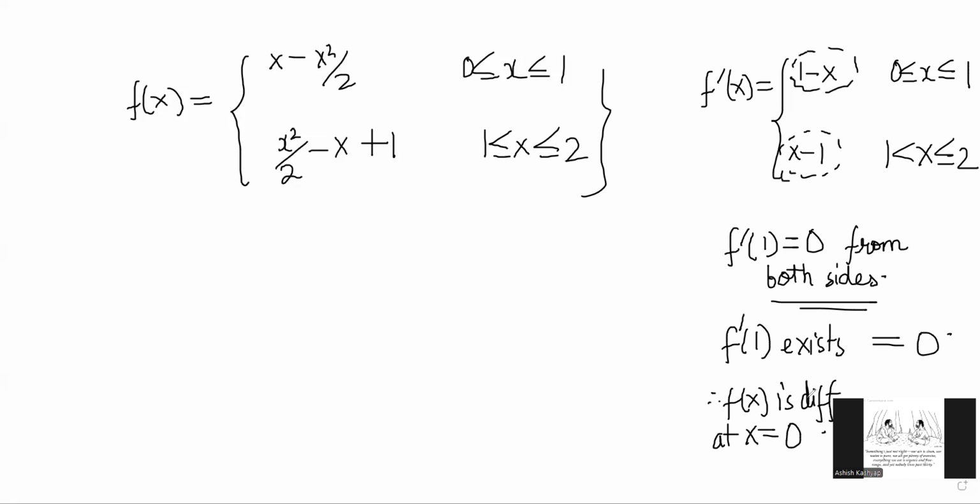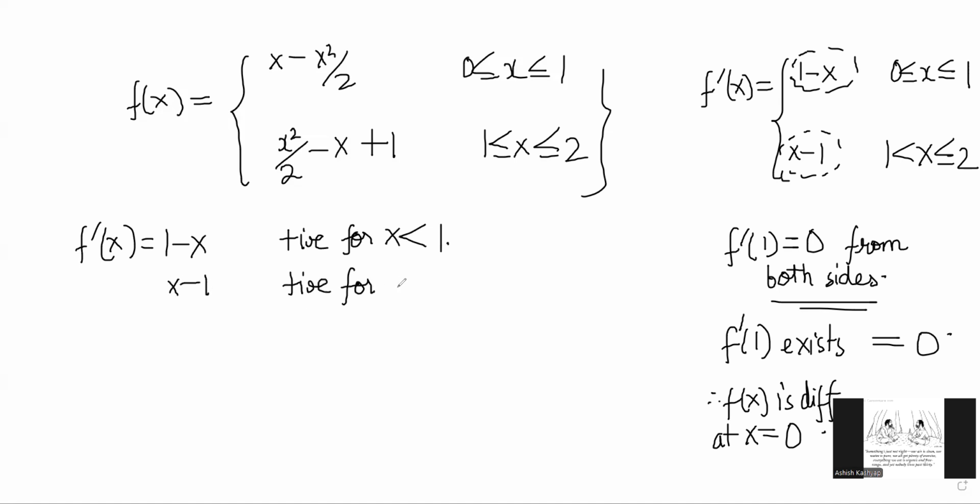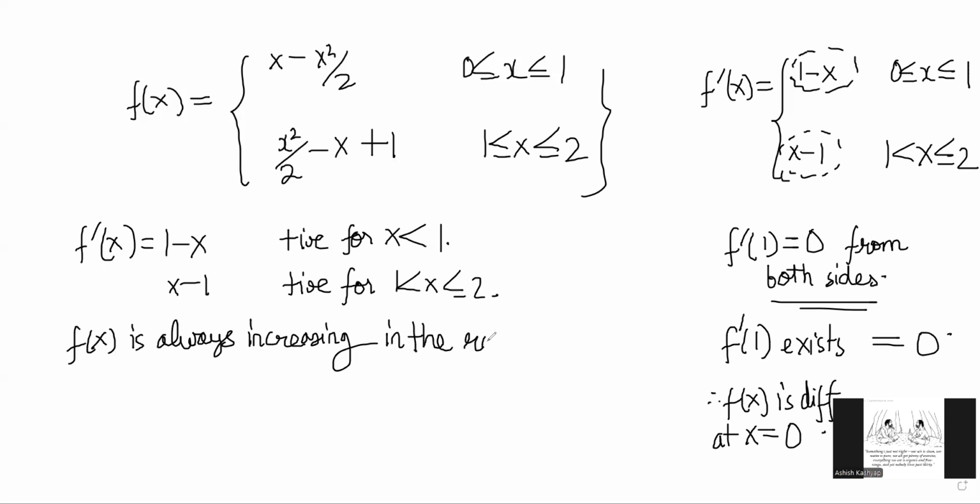That follows from here. Also, you should realize that when you have f dash x is equal to 1 minus x, it is going to be positive for x less than 1, and x minus 1 is also positive for 1 less than x less than or equal to 2. So the function f(x) is always increasing in the range 0 to 2. Why?